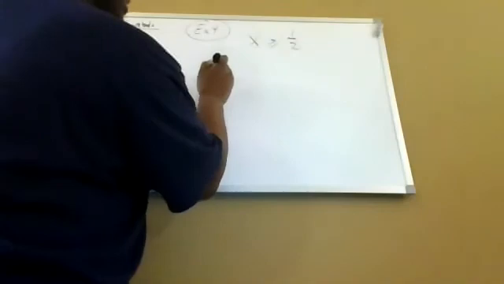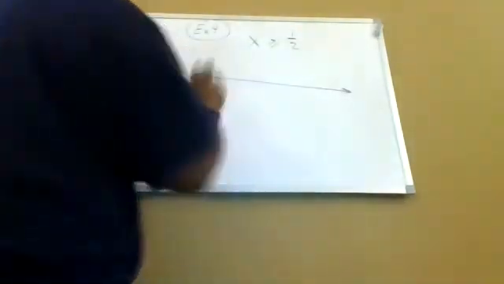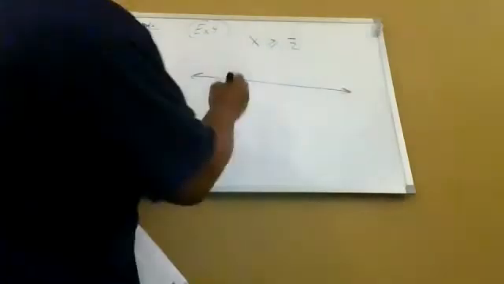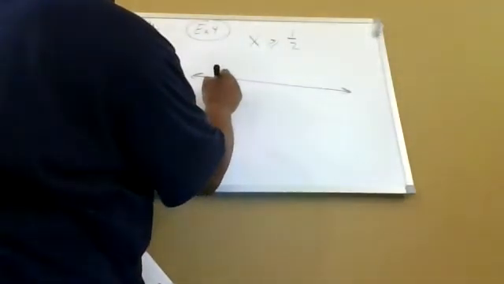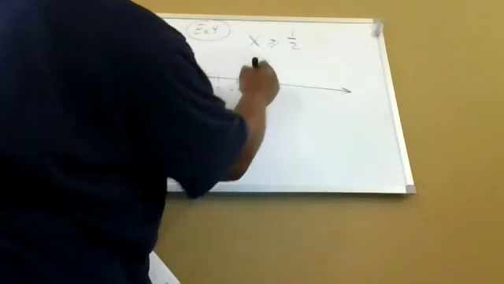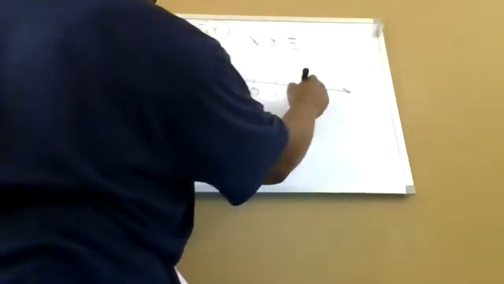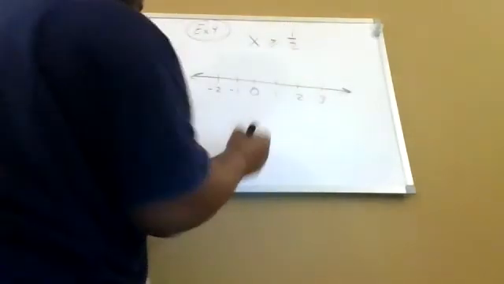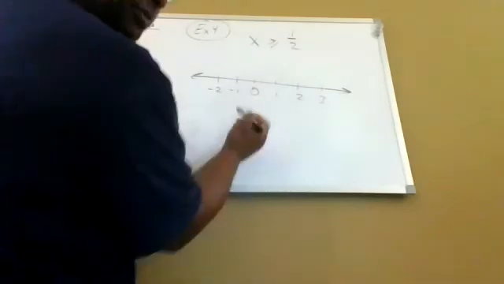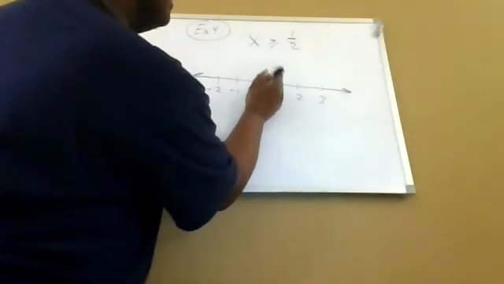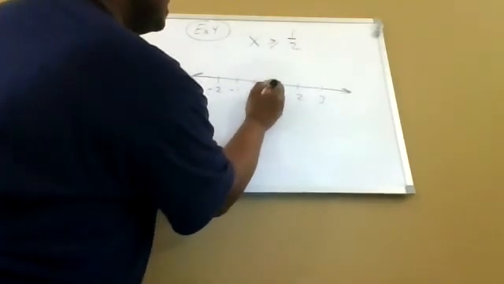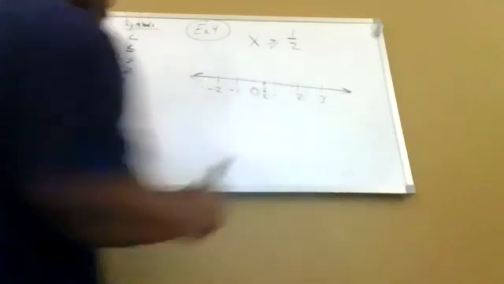Next, we want to draw our number line. And let's see, it's -2, -1, 0, 1, 2, 3. So 1/2 is between 0 and 1. So little mark here, and this is 1/2.